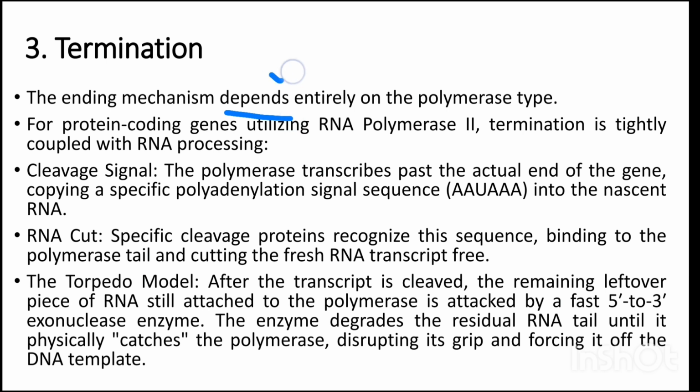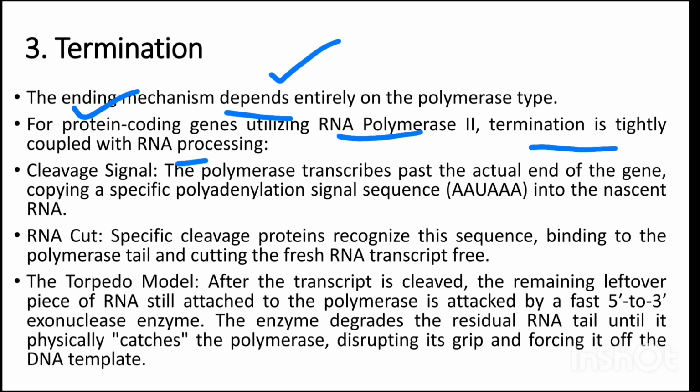Termination totally depends on the polymerase type, which polymerase helps in the process of transcription. For protein coding genes utilizing RNA polymerase II, termination is tightly coupled with RNA processing.